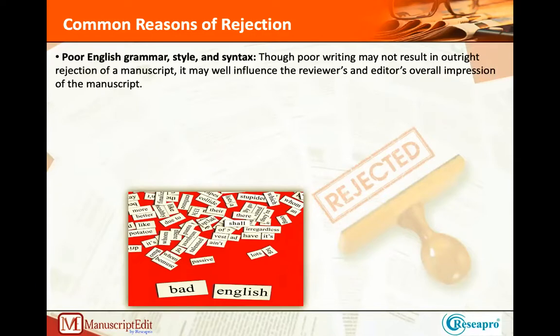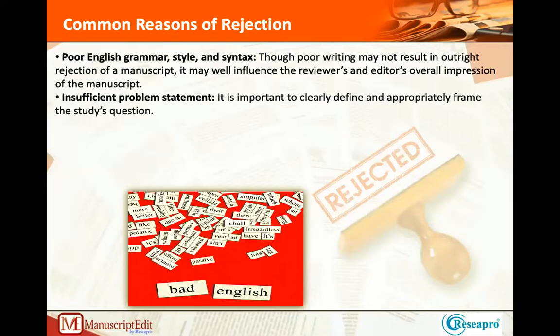Authors whose native language is not English must take the help of their colleagues or other native English speakers to improve the language quality of their manuscripts. However, if the message of the paper is not clear because of poor language and the authors do not improve it even after multiple requests, the editor has to sometimes reject such manuscripts.